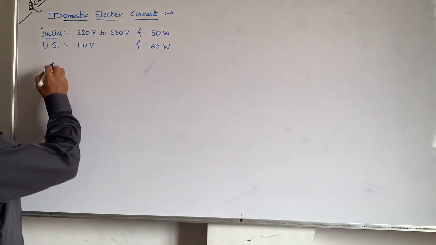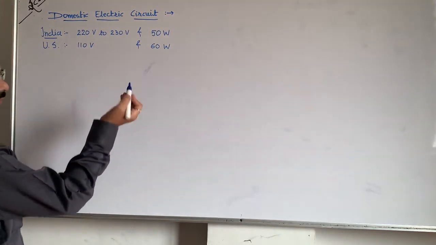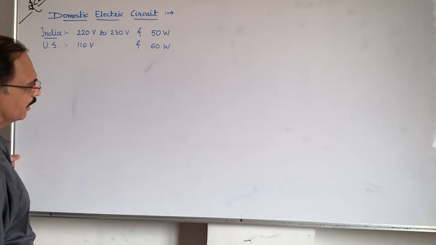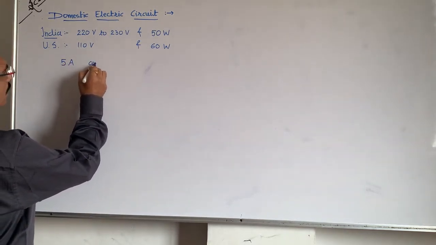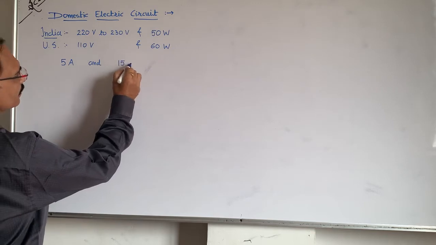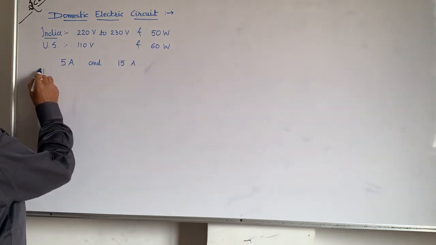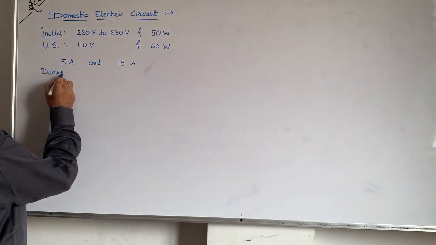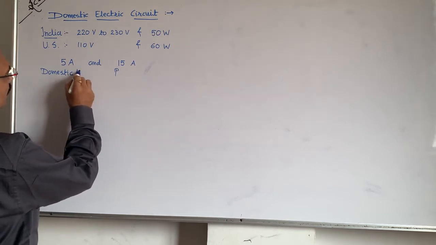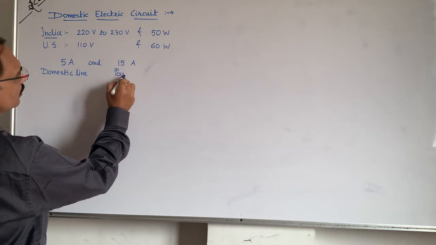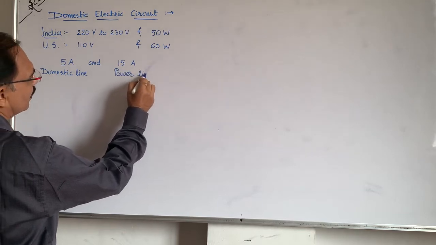In India, two types of wiring are there, 5 ampere and 15 ampere. 5 ampere is called domestic wiring, and 15 ampere is known as the power line or power wiring.